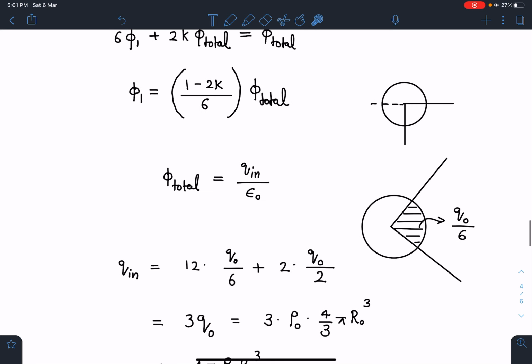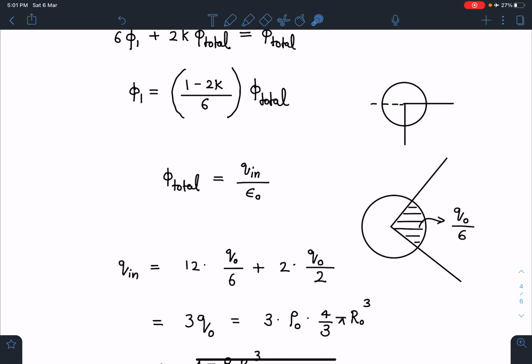However, if you see the top part, you will understand that in the upper half and lower half, in the lower half 1/3 part of this will be inside, because these angles are 60 degrees, and this is 120, 120, 120. So total charge q by 2 will be present in the lower half. So q by 2 divided by 3, q naught by 6.